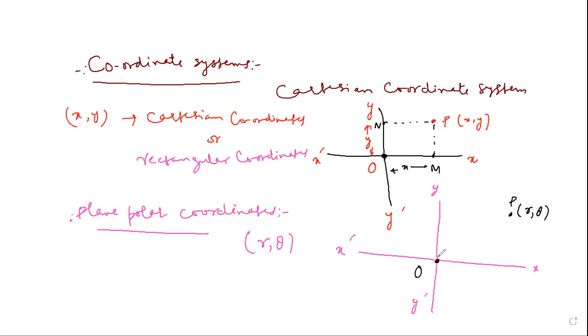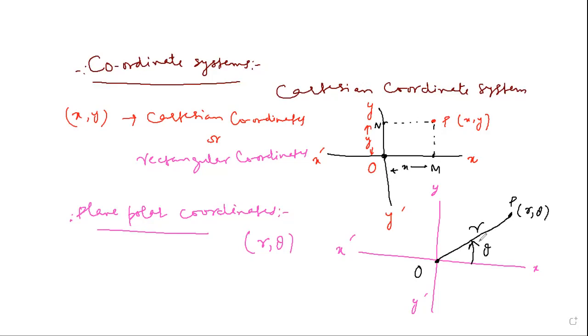R is the distance of the point from the origin. So this is r. And theta is the angle made by this line OP with the positive x-axis, and it's measured in the counterclockwise direction by convention. So this is r, and this angle is theta, right?